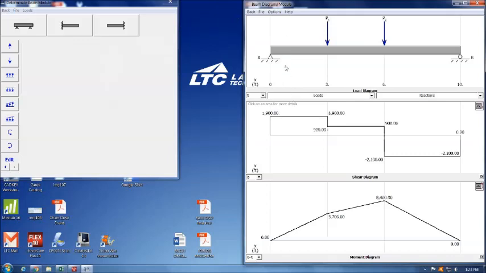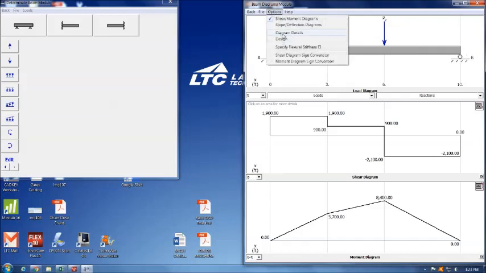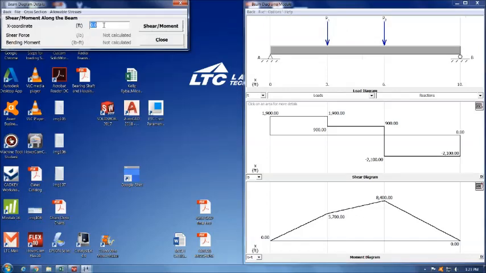If I want to find those in-between values, for instance, if I want to set it to what is the shear and the moment at an 8-foot mark, from 0 all the way to 8 feet, I go to options and I go to, I think it's diagram design, yeah, details, and I go to 8 feet and then enter shear and moment. This is that 2100 and the 4200.